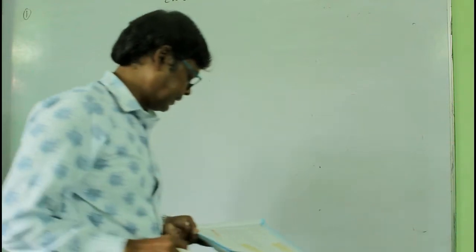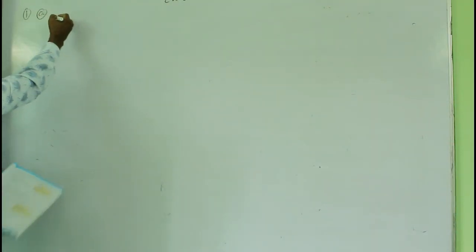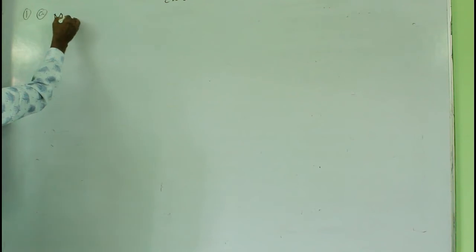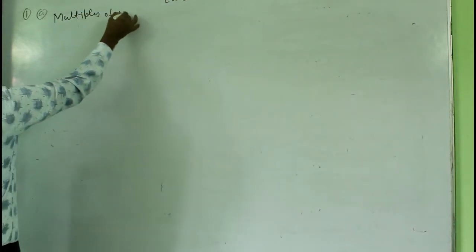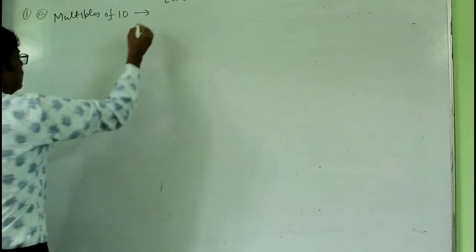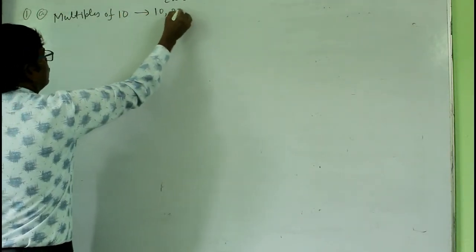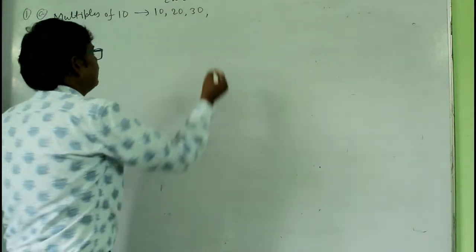For example, question number A. Multiples of 10. 10, arrow, you have here 10, 20, 30. Then next you have 3 blank spaces here.